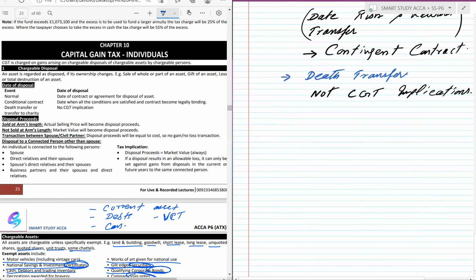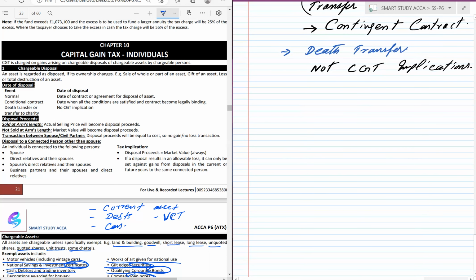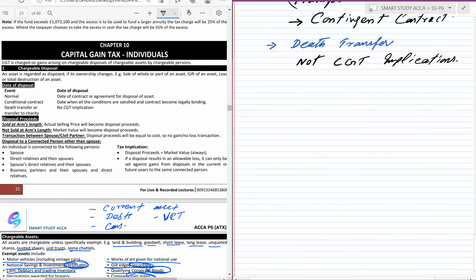But we need to consider one thing over here. One is deceased person, and the other one is, you can say, donee or beneficiary.